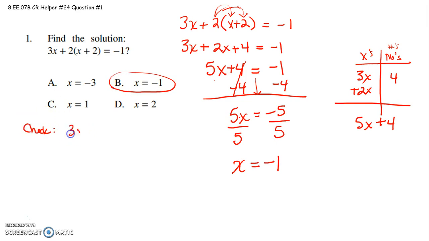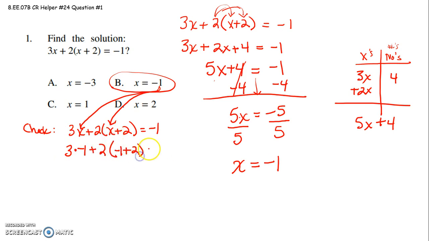You could have guessed and checked with this problem because it's multiple choice. What I'm going to do is plug -1 anywhere I see an x. So this becomes 3 times -1 plus 2, within parentheses, -1 plus 2 equals, and I keep my -1 here.